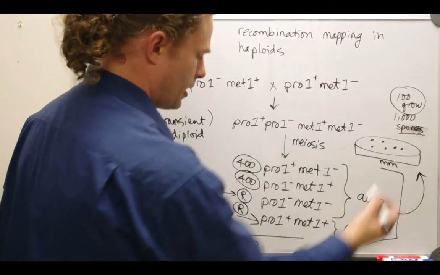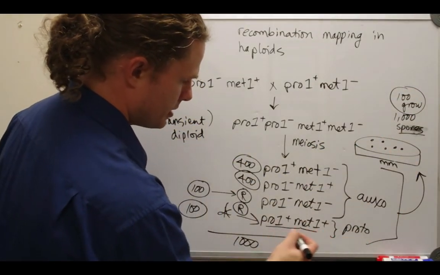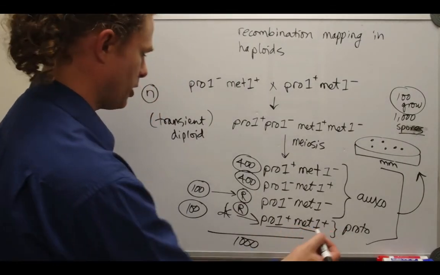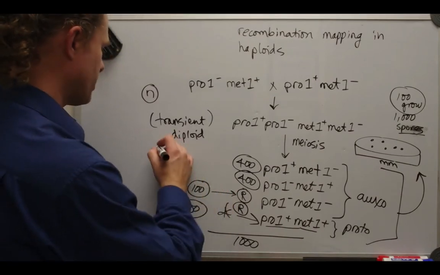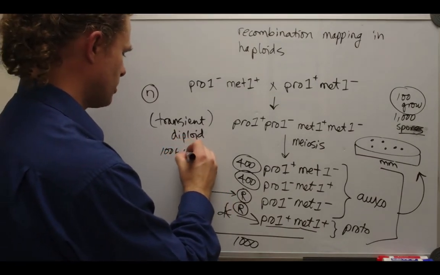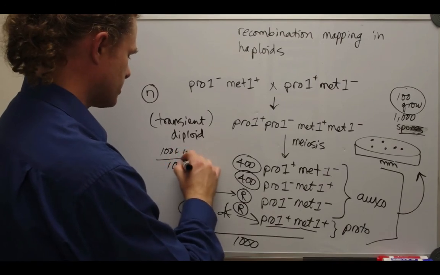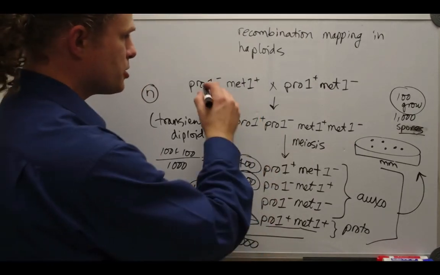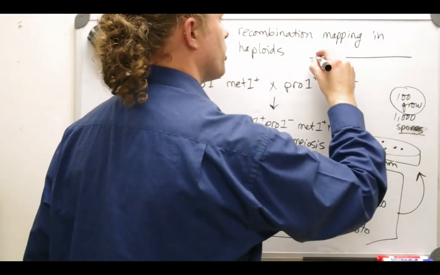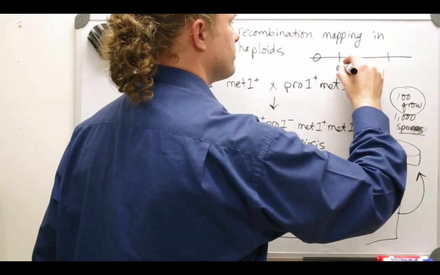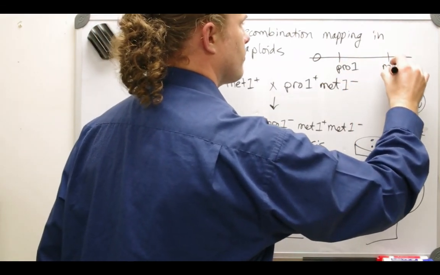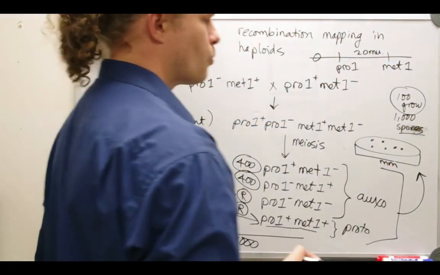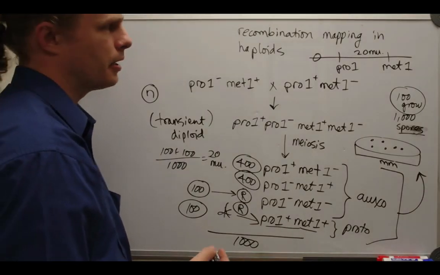The 100 that grow, again, are this genotype here, the Pro1 plus Met1 plus prototroph recombinant. And the total recombination frequency would be 100 plus 100 divided by 1,000, or if you work that through, it would come to 20 map units. So these two loci, should we want to draw a map, we would place them as 20 map units apart. And that's one example of how you can do recombination mapping in a haploid organism.